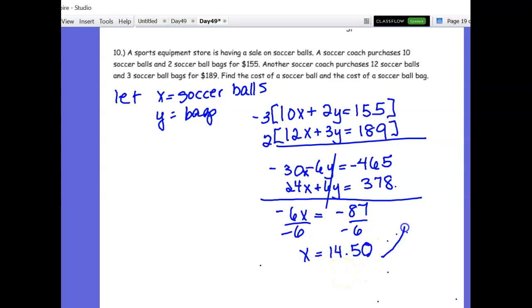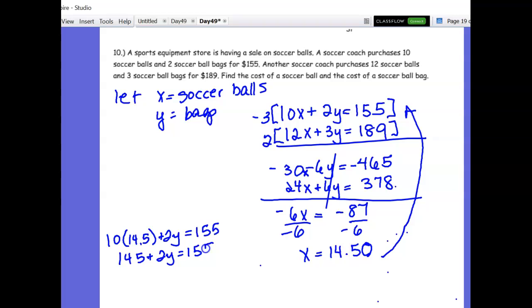We can plug it right back into this one right here. Either one doesn't matter. So 10 times 14.5 plus the 2y is equal to 155. So 145 plus 2y is equal to 155. 2y is going to be equal to 10. Our y is going to be equal to 5.